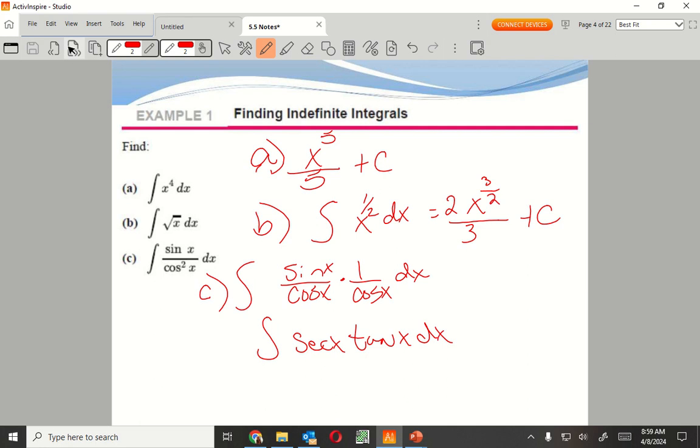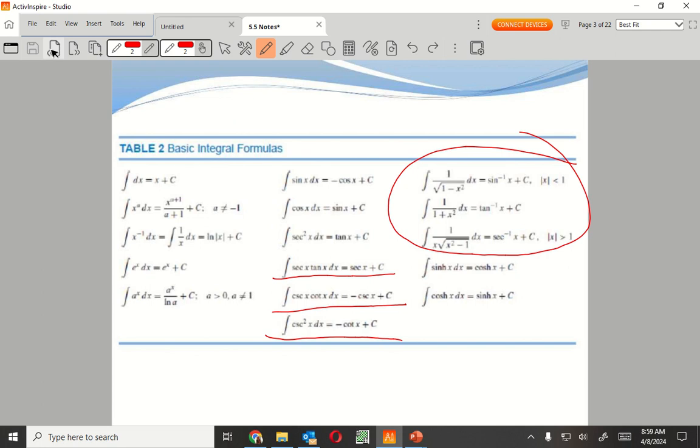So secant tangent, let's look up at that last slide. Which one is secant tangent? The first one underlined. There we go, it's this one right here. By rewriting it, I actually get one of these out of it, which hopefully makes my life easier. The integral of secant tangent is just going to be secant x.